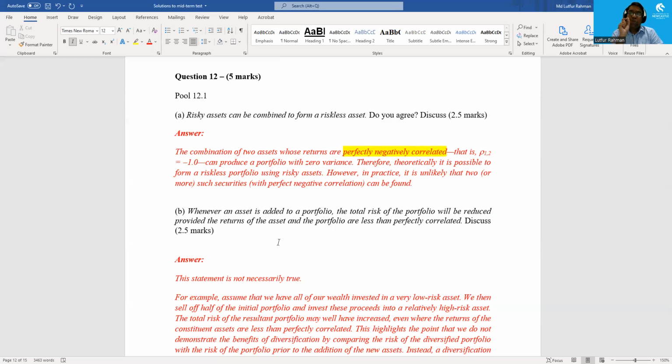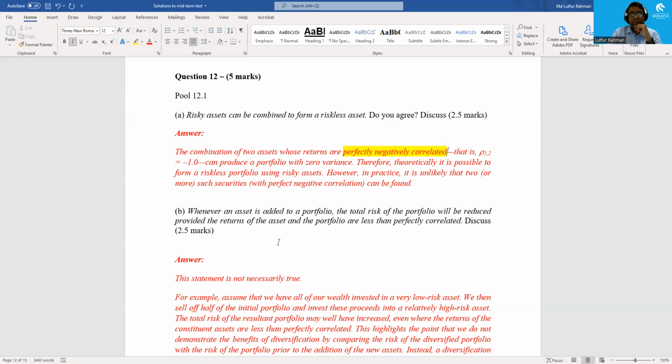Look, you need to mention perfect negative correlation. If you only say perfect correlation, that doesn't mean anything, because whether it's positive or negative correlation actually determines whether it's possible to form a riskless portfolio or not. So it has to be perfect negative correlation, not only perfect correlation.